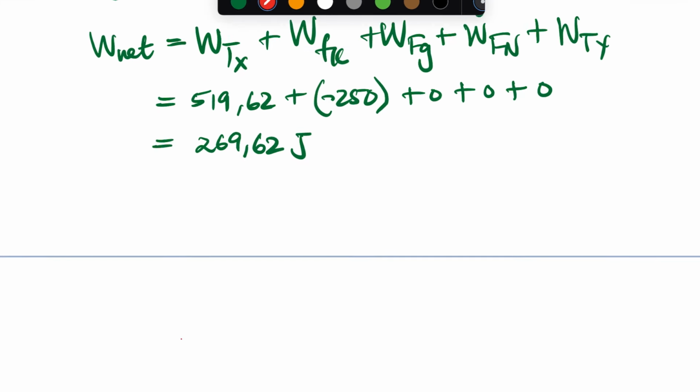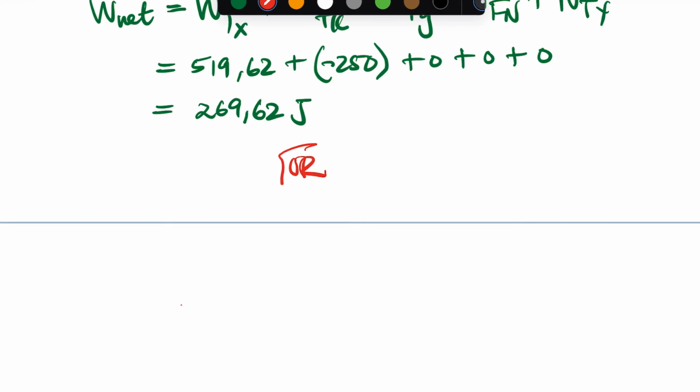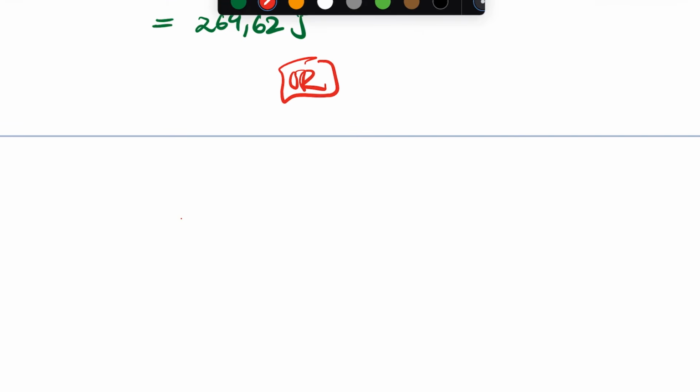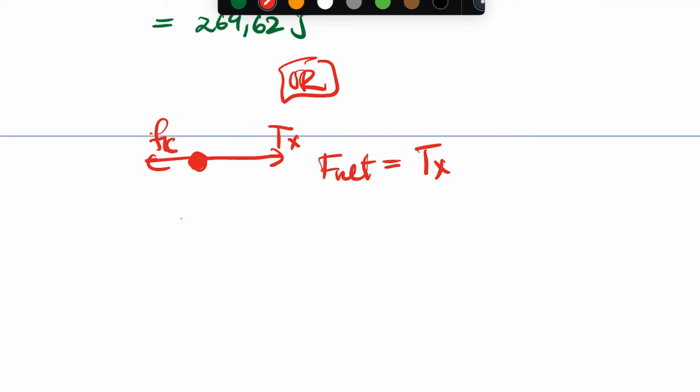Let me show you an alternative, using the F net to calculate the net work. The F net of the horizontal forces acting there involves Tx and the frictional force. These are the forces doing work; the vertical ones are not. Tx is going in the positive direction, to the right, and the friction is going to the left.